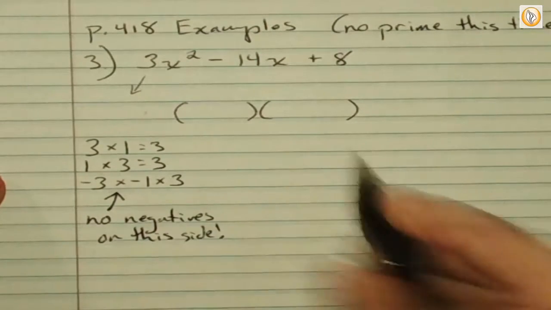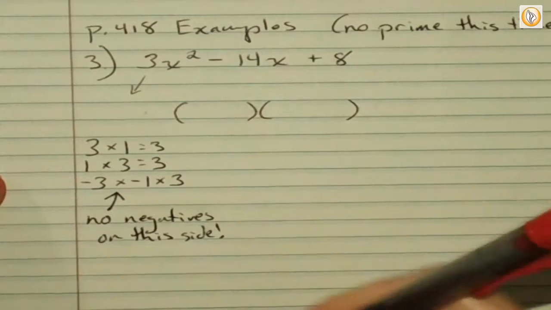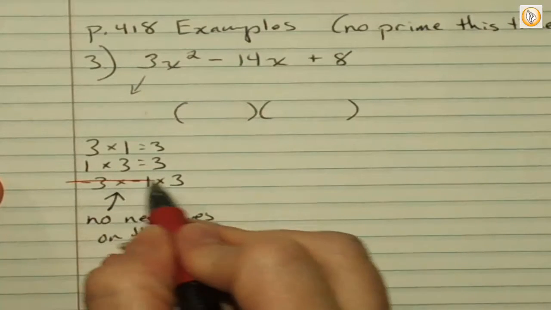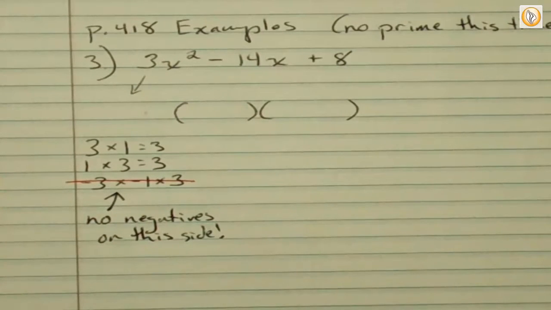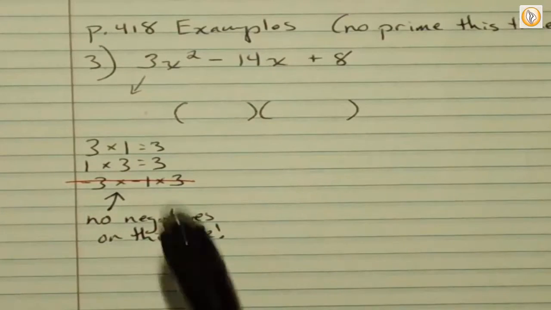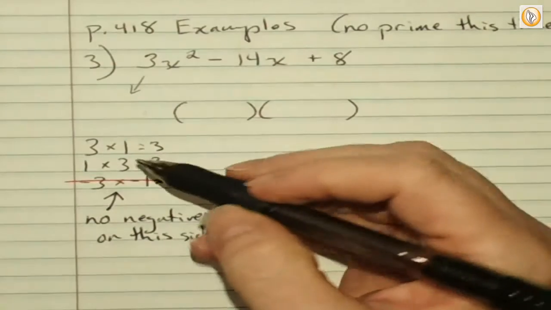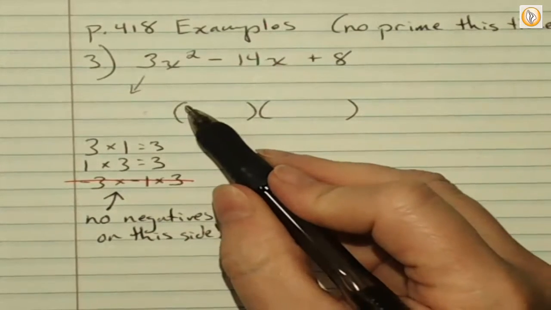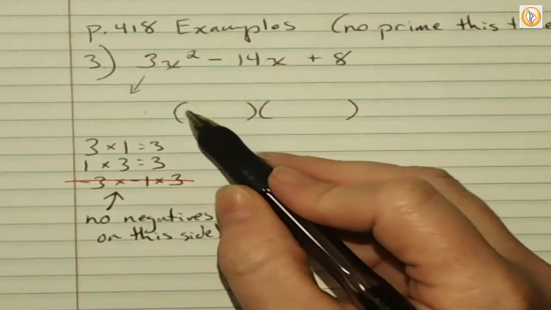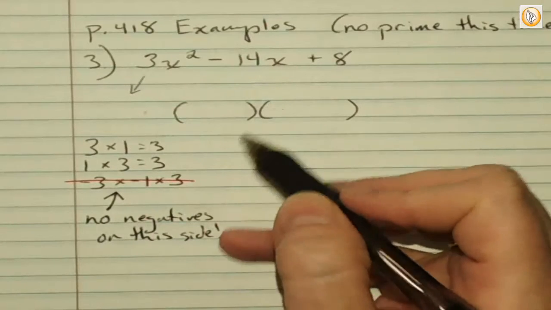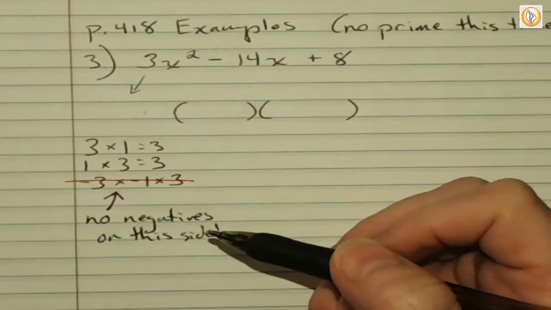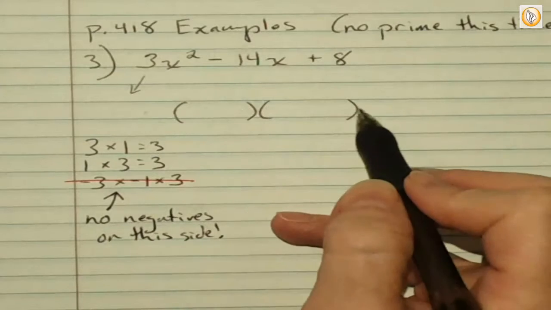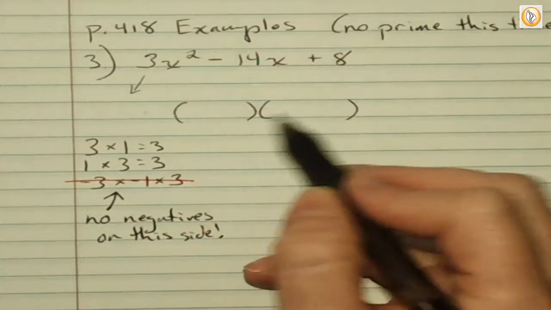So I'm going to take my red pen and put a cross through there. You can't have negatives here. We're going to stay away from that. Don't do it. Do it right here if you have to have a negative.